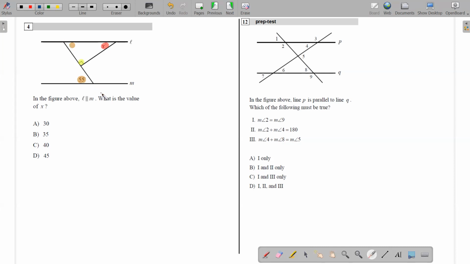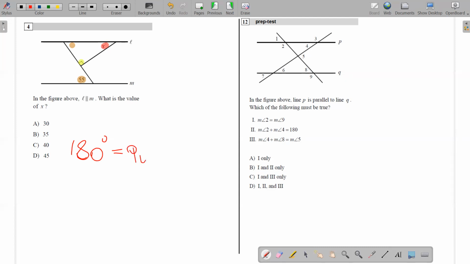Notice also that all these segments between those two parallel lines are making a triangle, right? Now, I don't know anything about this triangle, but I know that this angle is 55, this angle is 90, and the sum of the interior angles of a triangle is always 180 degrees. So I will find 180 degrees by doing what?